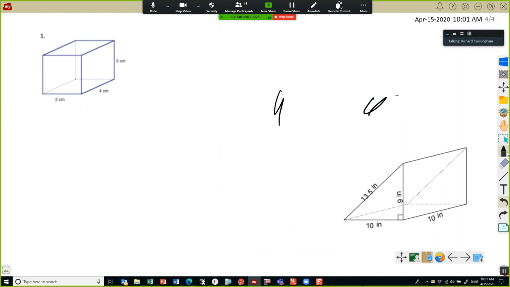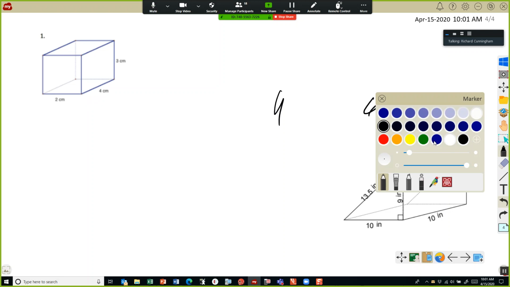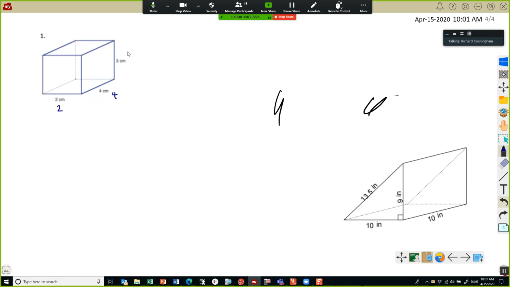Okay, I have got this side 2 centimeters, this is 4 centimeters, and this is 3 centimeters. And if I want to work out the surface area of this shape, I have to work out the area of each side, okay? So first off, let's do the front.